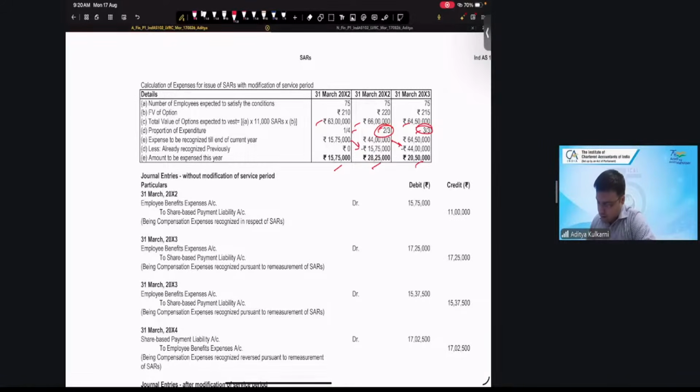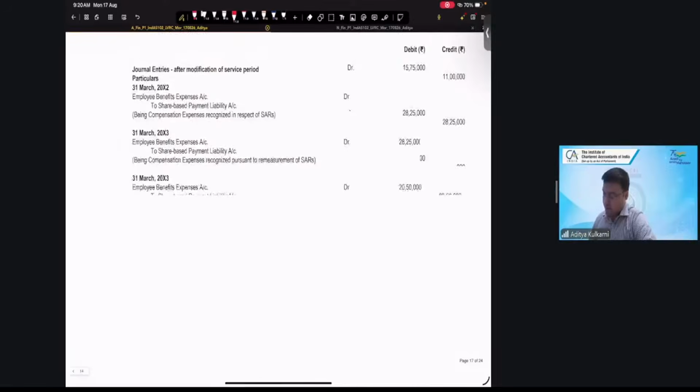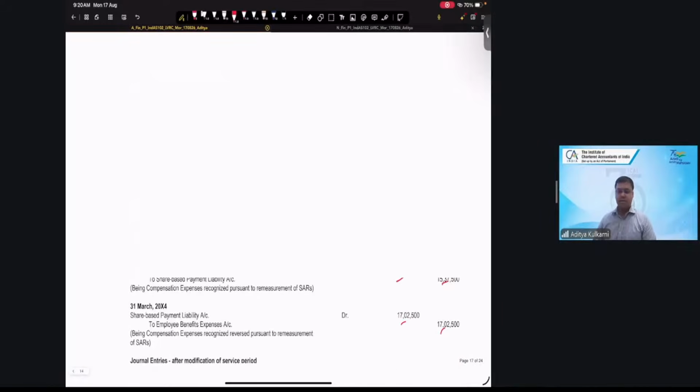So we record this and then we book the expense: 15 lakh 75, 17 lakh 25, 1537 500, 1702 500. After modification, 1575, 20 lakh 50,000.